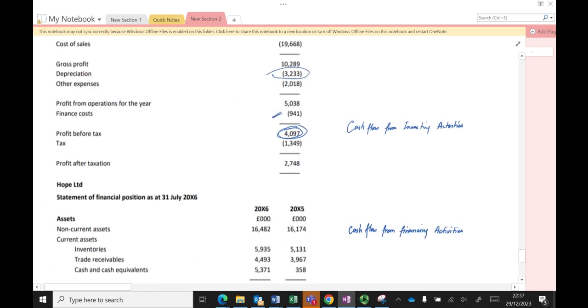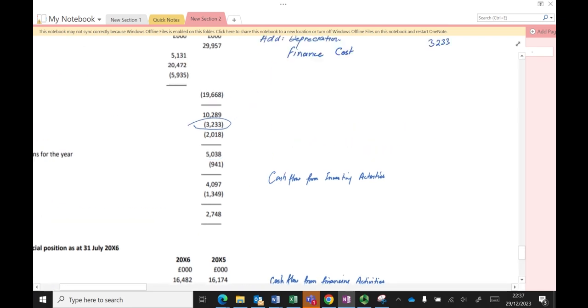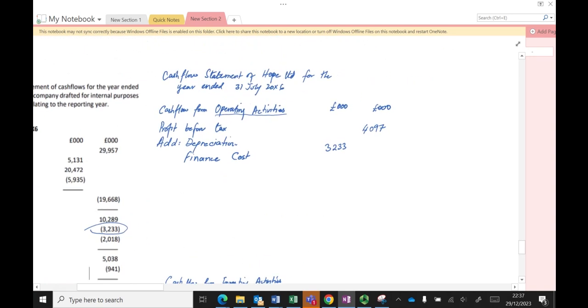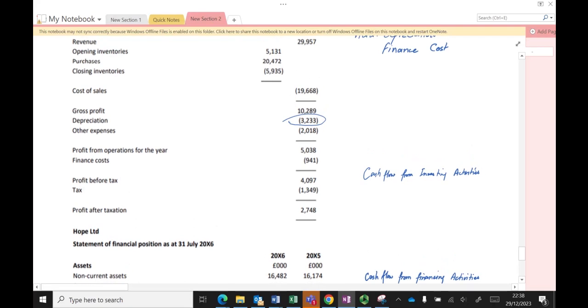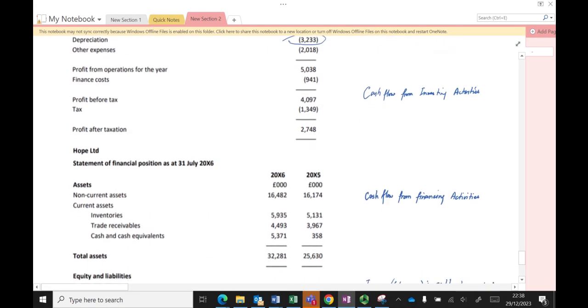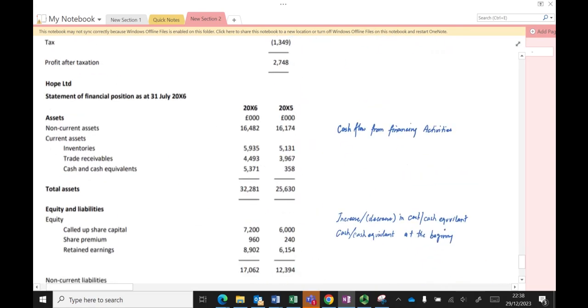If I would have started with profit from operations, then I would not have taken the finance cost. And the finance cost is 941. There is no gain or loss on disposal. Therefore, let's move on to our inventory.